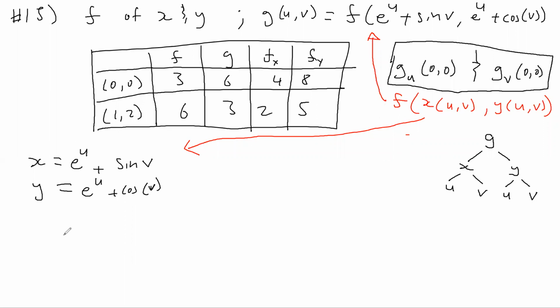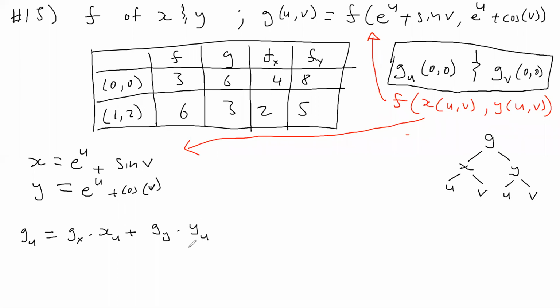So if you look at this function right here, I'll start off with g sub u. g sub u is essentially the same thing as g sub x times x sub u plus g sub y times y sub u.